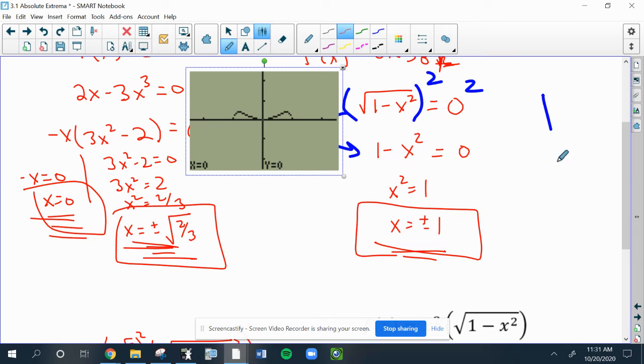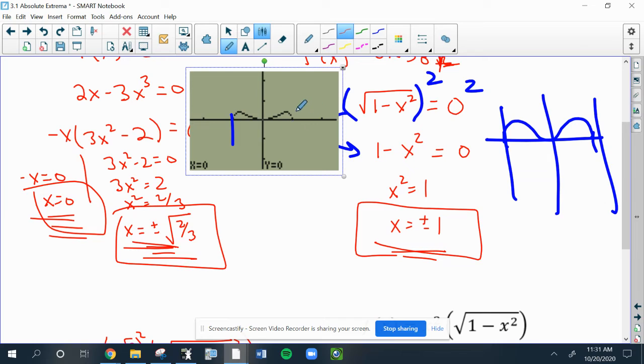What's happening at 1 is, and the graphing calculator doesn't show it very well, but the tangent line is going vertical, which means undefined. So here's negative 1, 1, those are vertical. Root 2 over 3, negative root 2 over 3, horizontal, and 0. So that confirms our results.